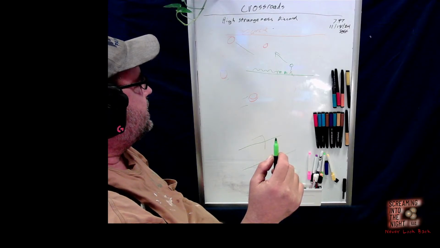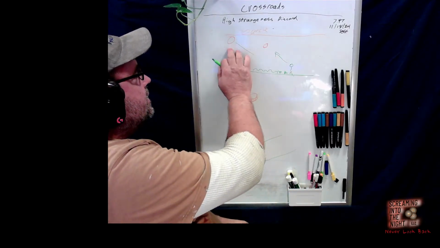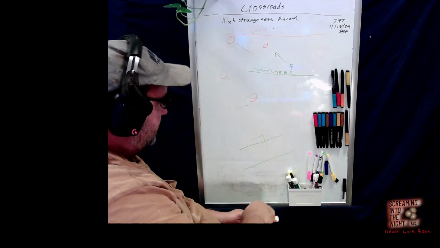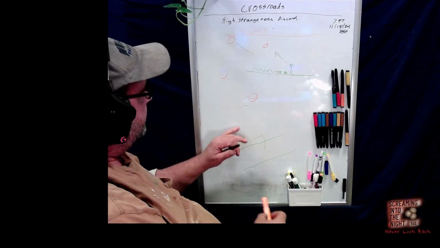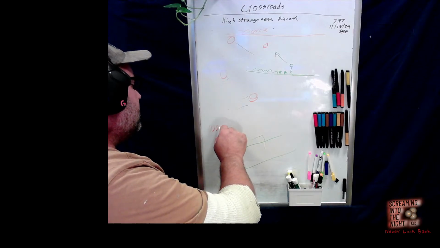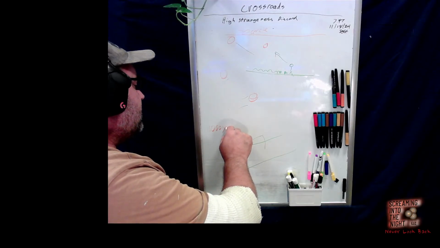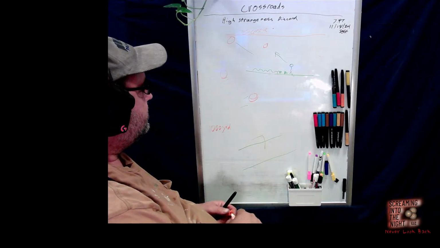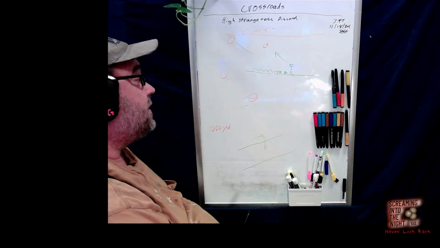Alright, we got the two gradients. One's a little higher than the other. They're off the road, and I want to say 1,000 yards, but I think they're a lot closer. I really think they're a lot closer.